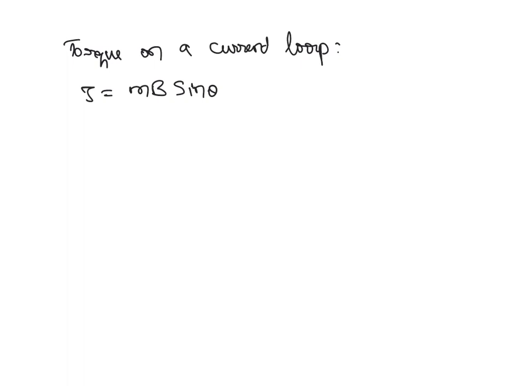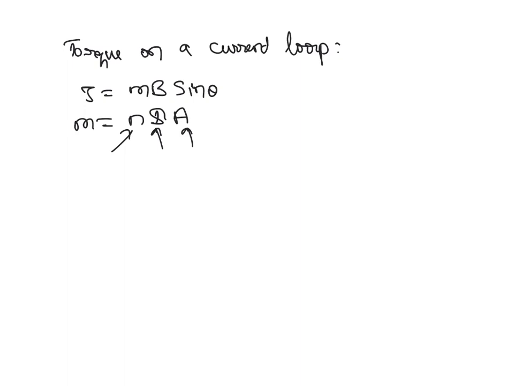Please try to remember that. The magnetic dipole moment m equals NIA, where N is the number of turns, I is the current, and A is the area of cross section. So torque τ equals mB sin θ, where m equals NIA. Please try to remember that.